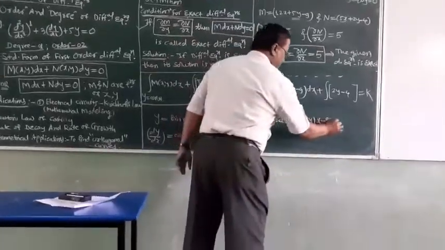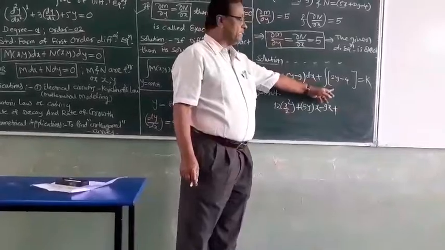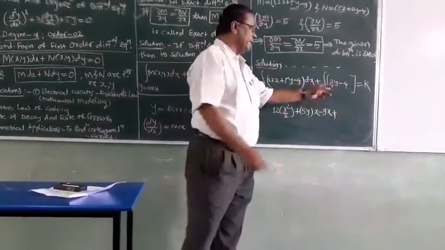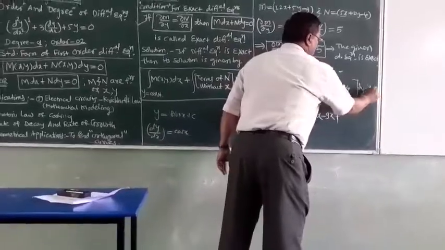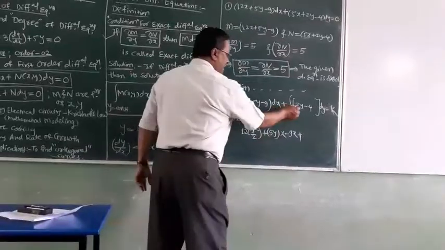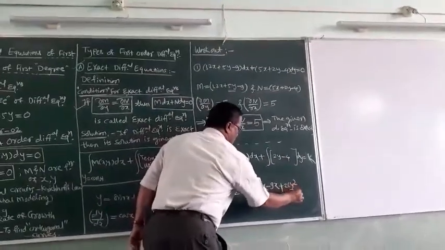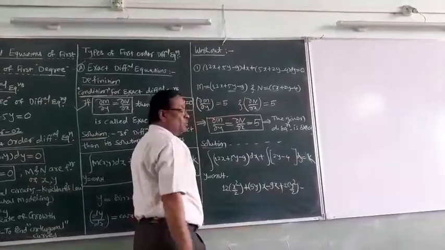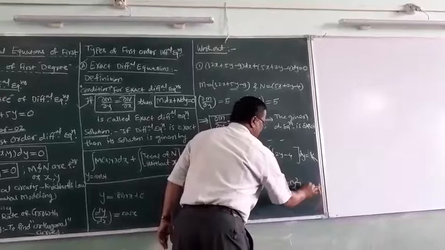Then plus. Now coming to the second term of the integration, 2y should be integrated with respect to y. So the integration of 2y is 2 into y square by 2, minus the integration of 4 with respect to y is 4y, and equal to constant k.